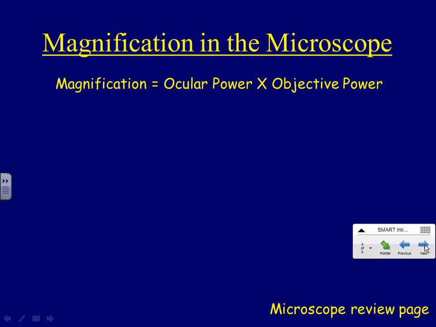When you have two lens systems working together, the overall magnification is a multiplication of the two magnifications. So the ocular power times the objective power. Another word for eyepiece is ocular, the eye, all right? So the ocular power is the power on the eyepiece.